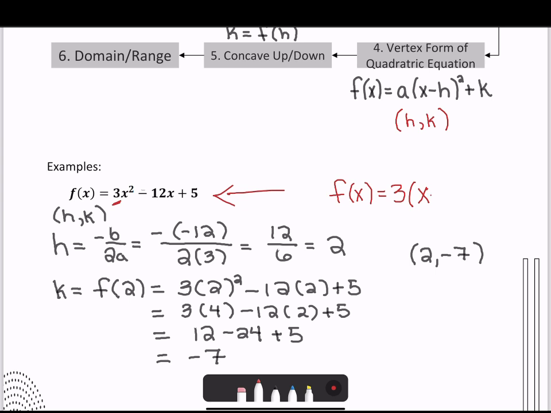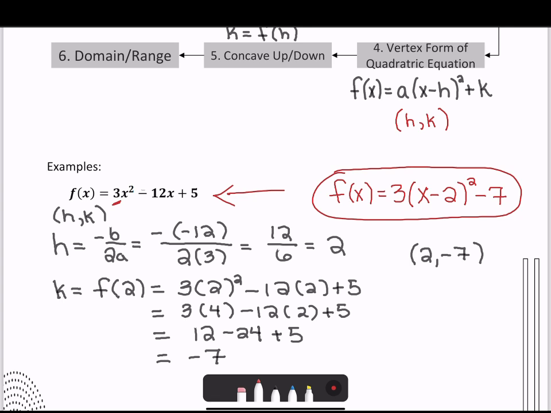So x minus 2 squared. And then the k goes at the end. So that's minus 7. And this right here is your vertex form. Notice I put the 2 in for the h, and I put the negative 7 in for the k. Remember right here, this is the h, this is the k. And now I have my vertex form.